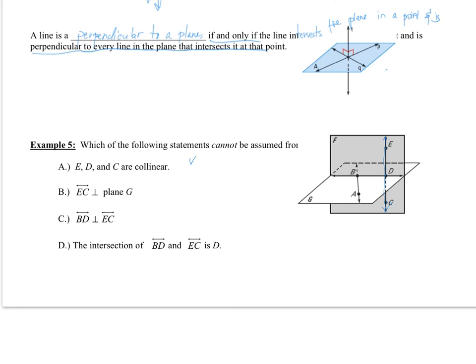And if we look at part C, line BD, is that perpendicular to line EC? I would say no, because we don't have that right angle symbol. So no right angle symbols. You could just write that for B and C. And the intersection of line BD and line EC is at point D, so that's correct. And we will continue the lesson in class.